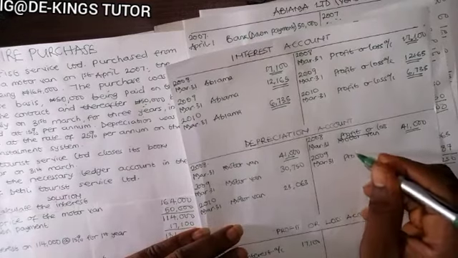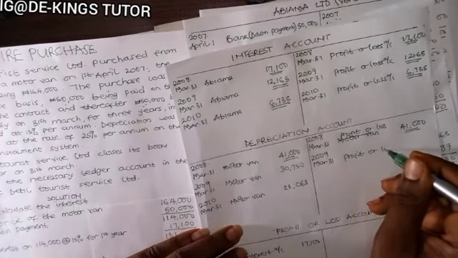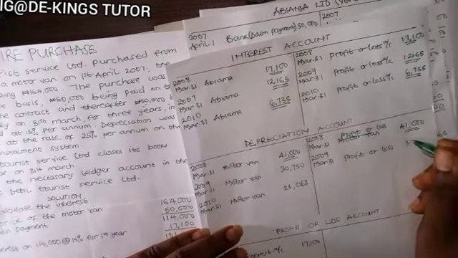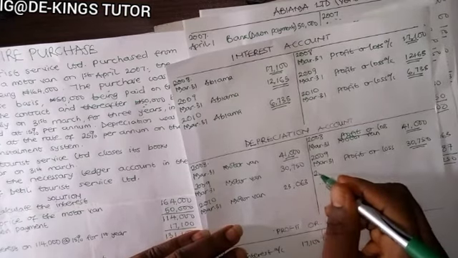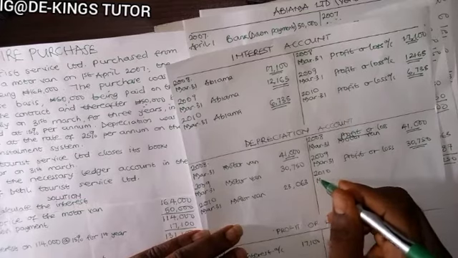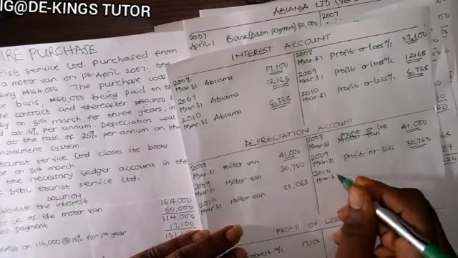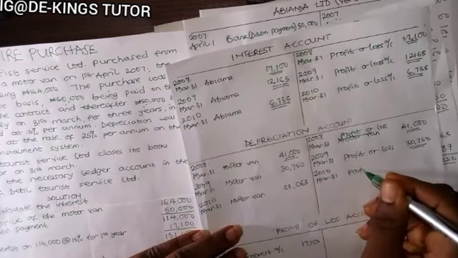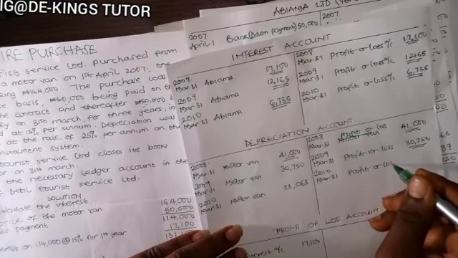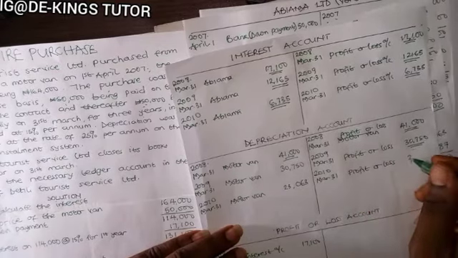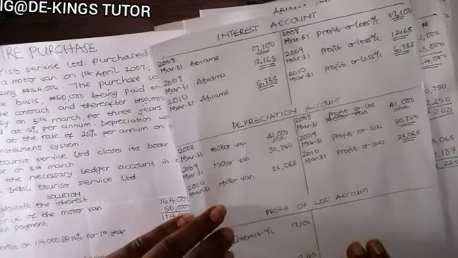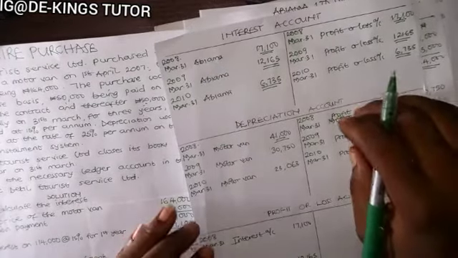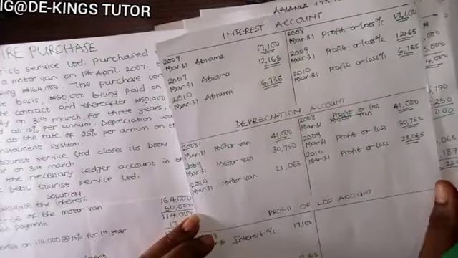We have profit or loss 30,750. The next one, 2010, March 31st. You have profit or loss 23,063. Close it. So this now depreciation is posted to the profit or loss account.